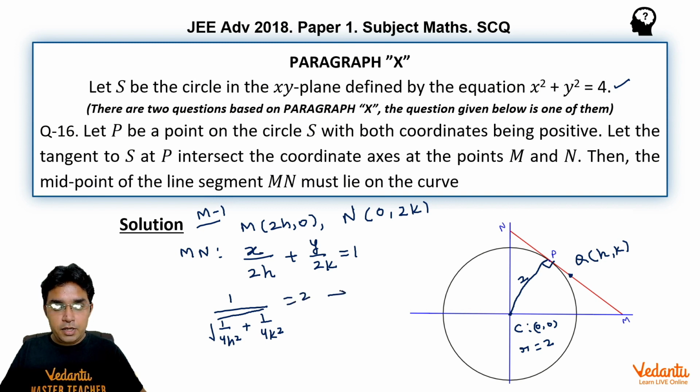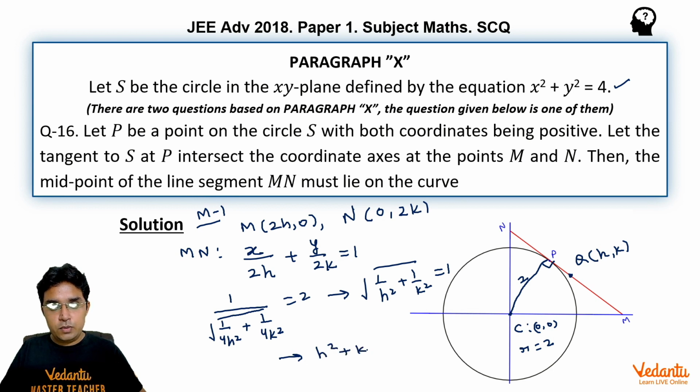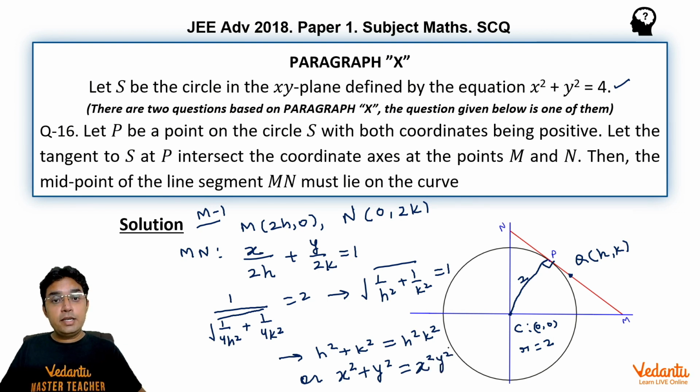So if we do the cross multiplication, I think we will get root over 1 upon h square plus 1 upon k square is equal to 1. After doing squaring, we will get h square plus k square equal to h square into k square, or you can write this as x square plus y square equal to x square into y square. So this is the answer that should be the locus on which this midpoint must lie.